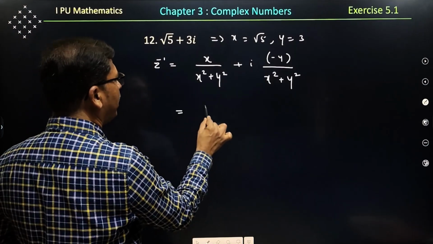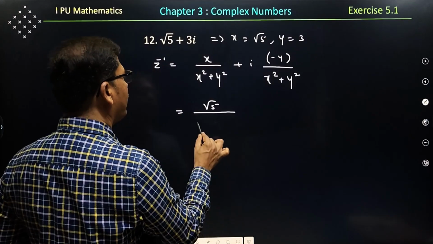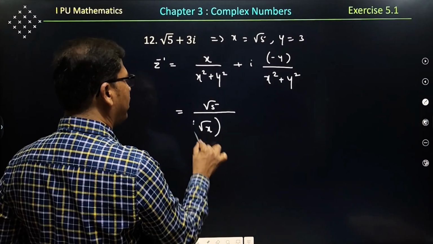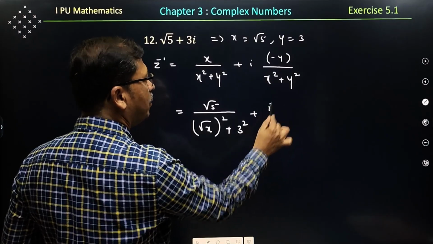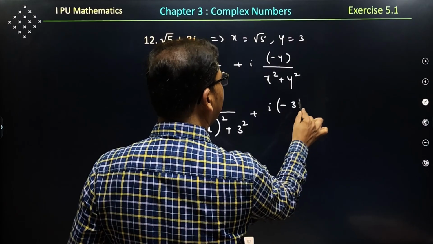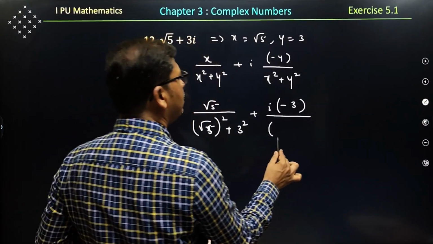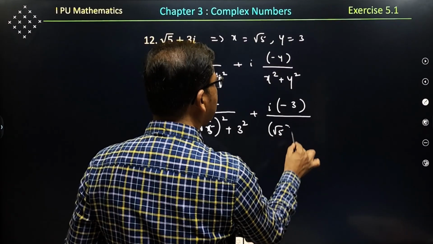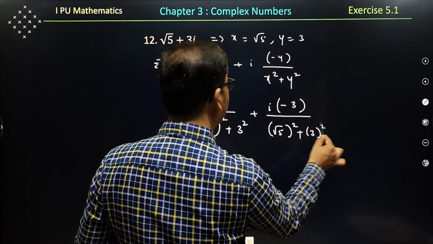X value is root 5, divided by x square plus y square, that is 3 square, plus I into minus y, that is minus 3 divided by x square plus y square. This is root 5, root 5 bracket square, x square plus y square, y is nothing but 3, square here.